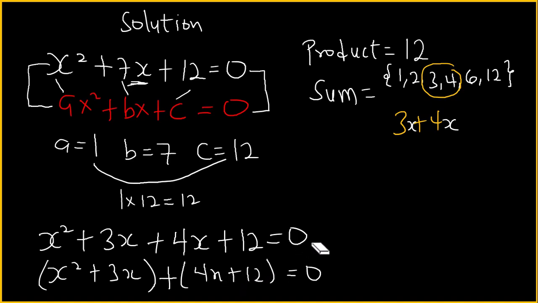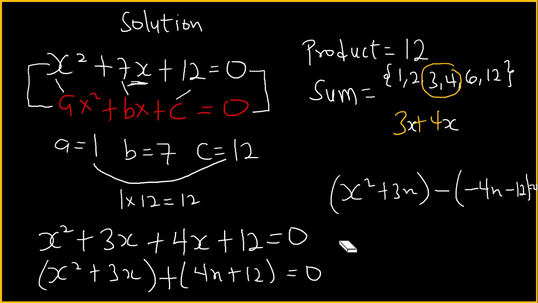Assuming I want to initiate the negative sign, this is how it would be: x squared plus 3x bracket close, minus. If this is minus, it affects this bracket. The first expression changes to minus 4x, the second expression also changes to minus 12 equals 0.